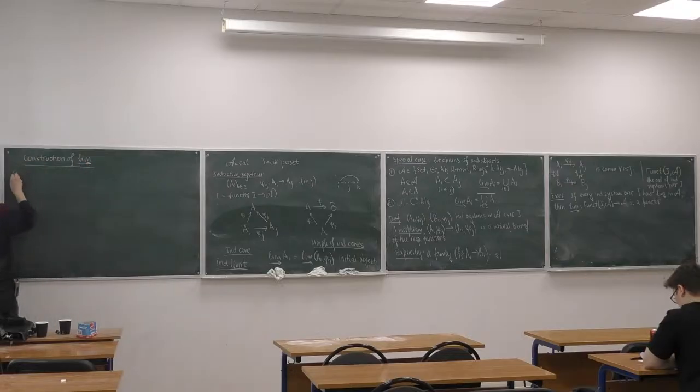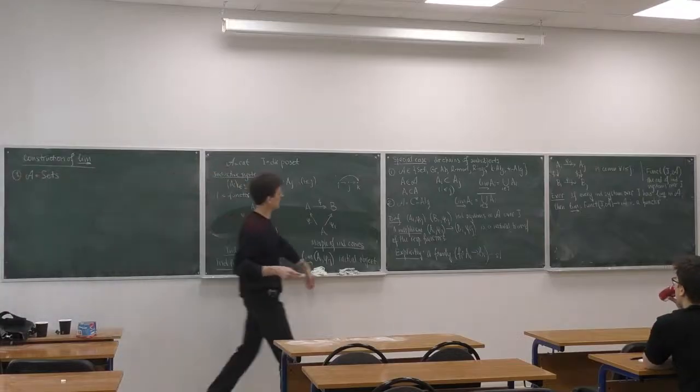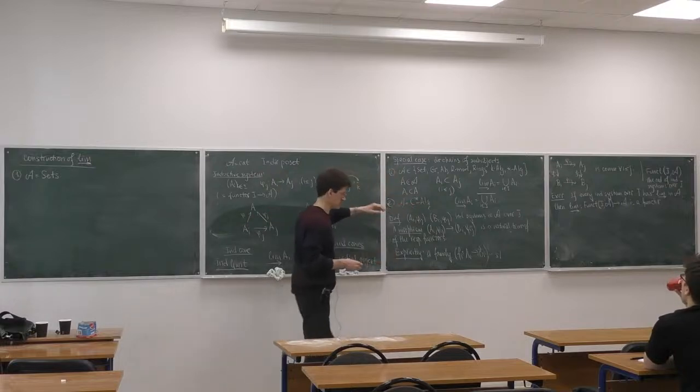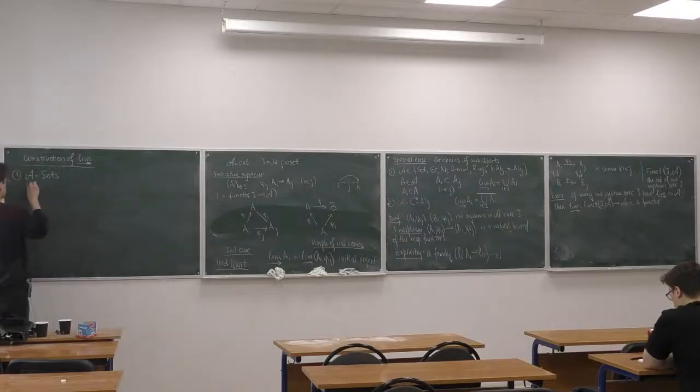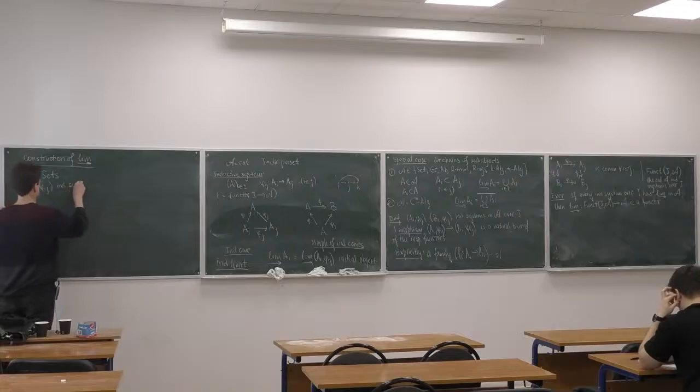Let's start with the case where A is the category of sets. Actually, we will see shortly that basically every category from this list somehow reduces to the category of sets. So we take an inductive system (Ai, phi ij), an inductive system of sets.